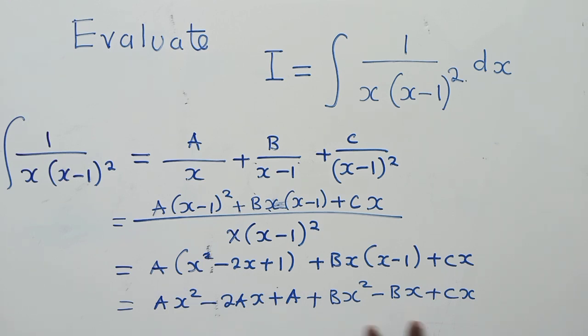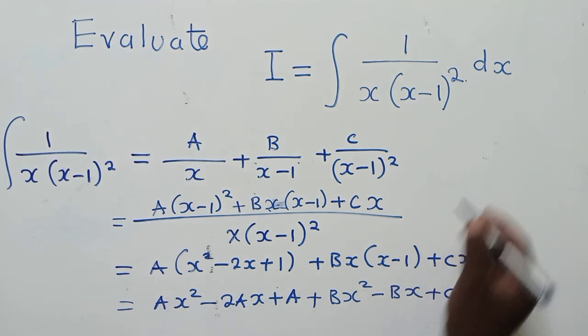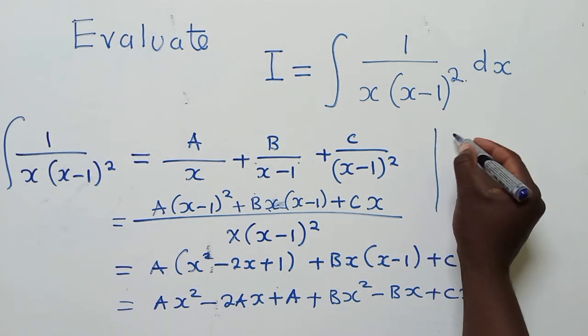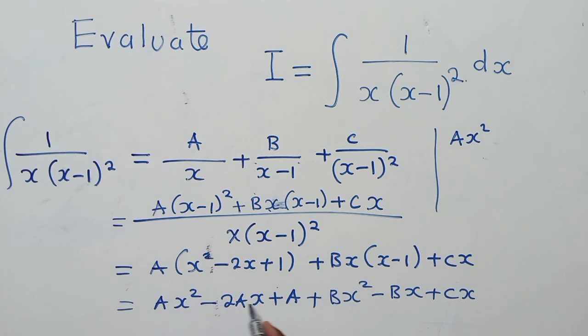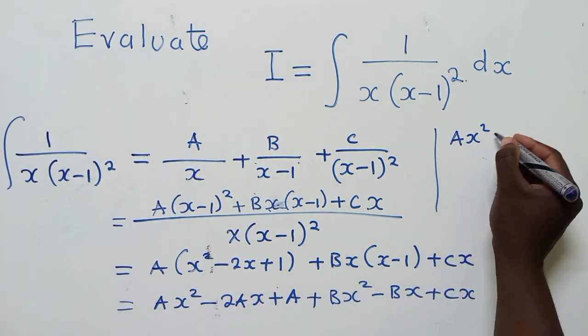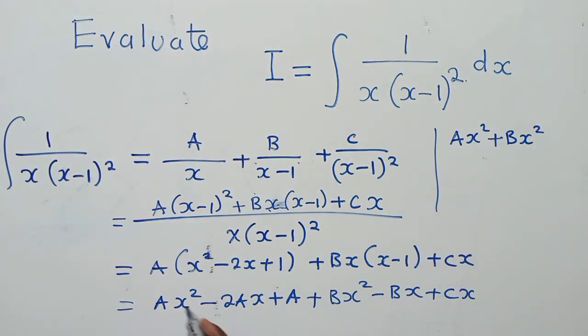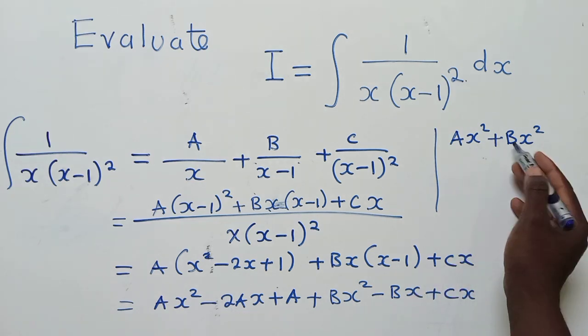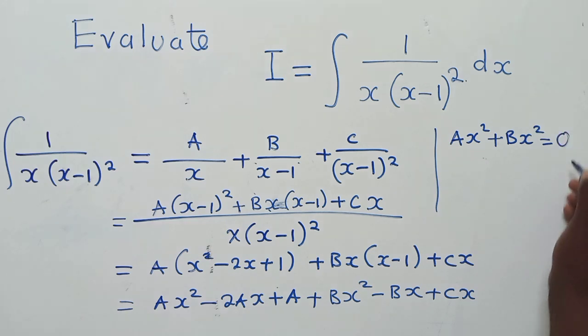So what do we do now at this point? We now form the equations. We are going to get Ax squared, it will move with Bx squared. So this and this, we're following the degrees. They have got power 2's, and we've formed an equation here, which we say equals 0.